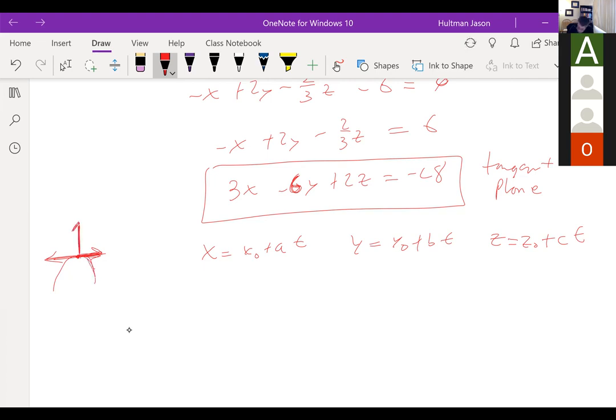But we know that del f is the normal vector to this tangent plane, right? So that's del f. So del f is the normal vector. Well, v equals abc is the normal vector.